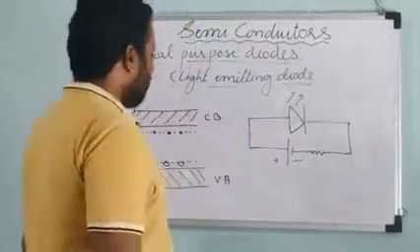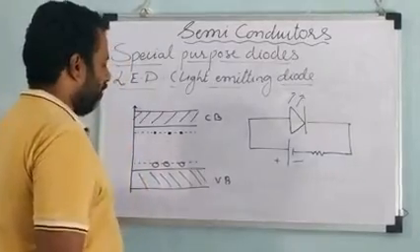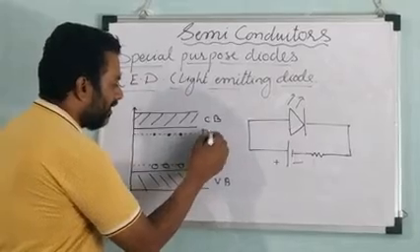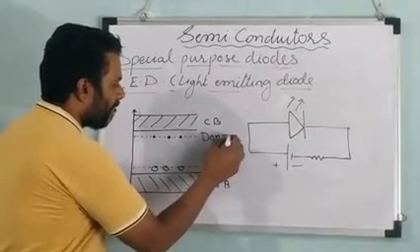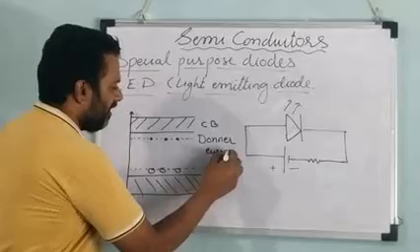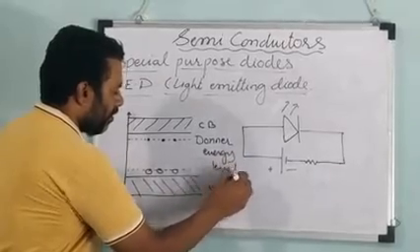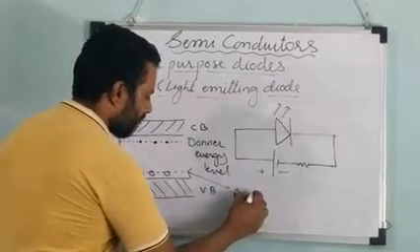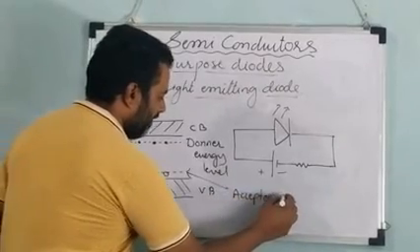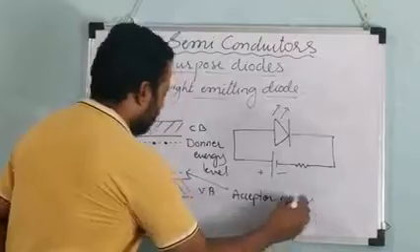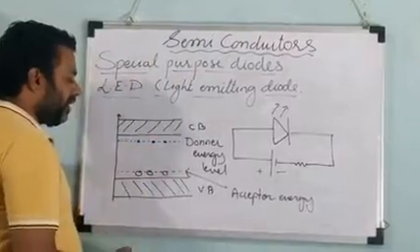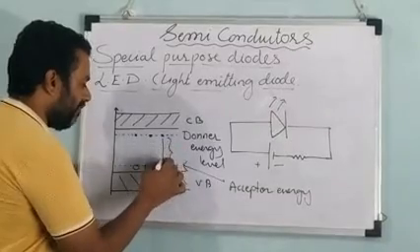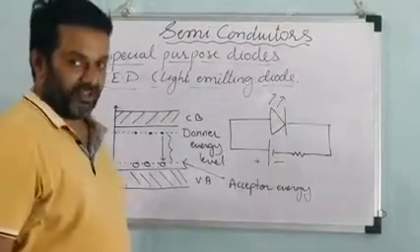So when the electrons come and recombine with the holes, then the electron goes from this donor energy level to acceptor energy level, that is over here, acceptor energy level. Then in this process the energy which is equal to the difference of the energy between the two energy levels will be given out in the form of radiations.